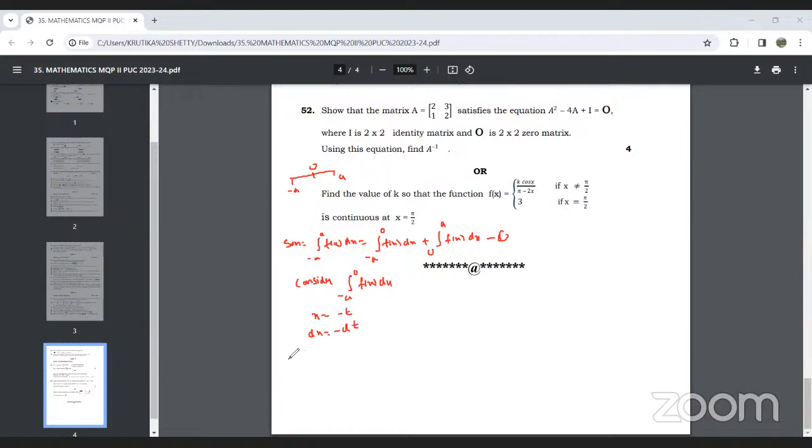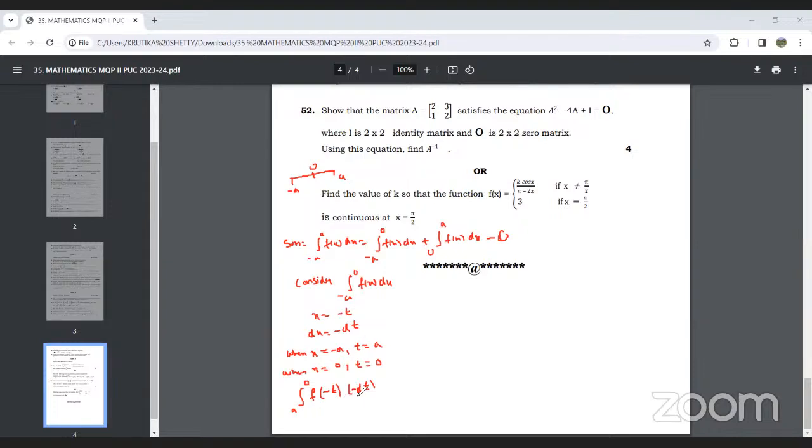When we change the limits, when x is equal to minus a, t will be equal to plus a, and when x is equal to 0, t will also be equal to 0. So this integral will get reduced to the integral from a to 0 of f of minus t times minus dt, because dx we have got as minus dt.